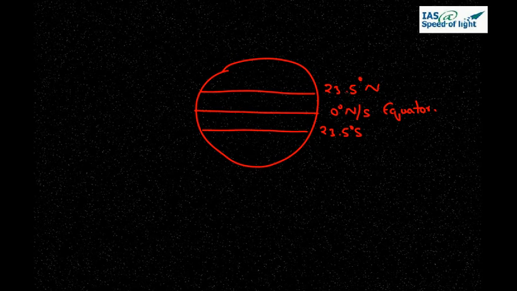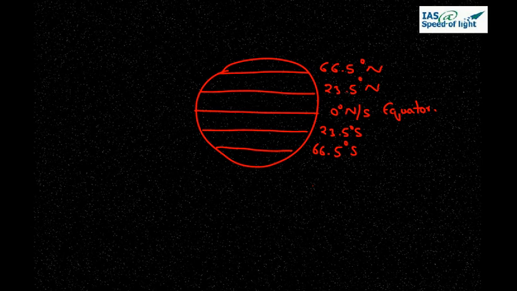Let's move ahead and draw our next parallel, which is 66.5 degree north and 66.5 degree south. We have made 66.5 degree north and 66.5 degree south an important parallel because this is the full extent for the oblique rays of the sun.